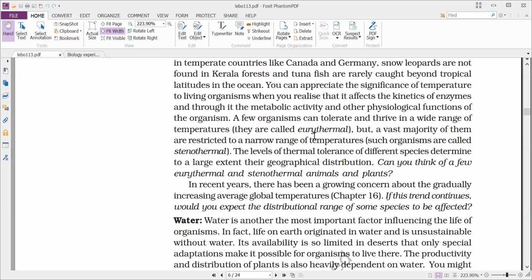Invertebrates, with only a few exceptions, are stenothermal. And when you observe the plants, almost all the plants are stenothermal.